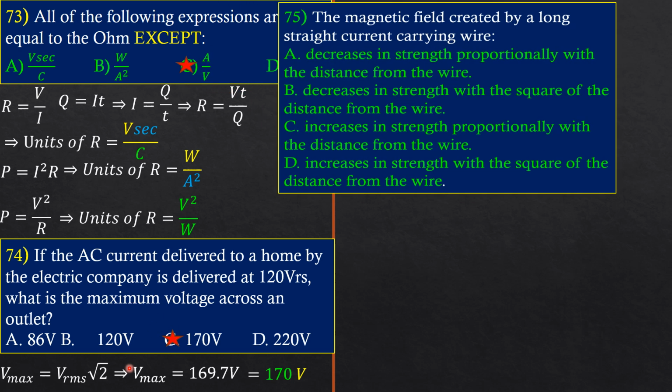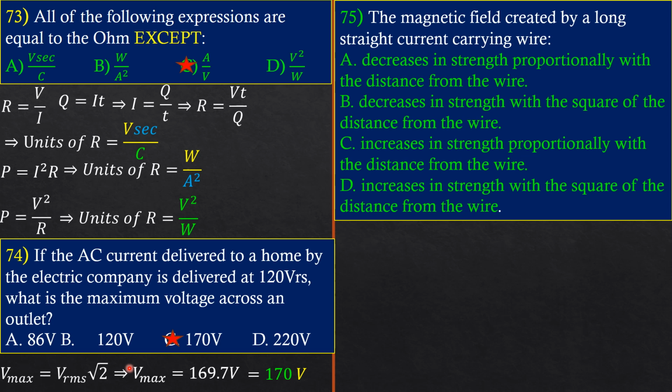Question 75, friends, reads that the magnetic field created by a long straight current carrying wire decreases in strength proportional to the distance. Okay guys, let's analyze them keenly. Let's recall that the magnetic field strength created by a long straight current carrying wire is related to the permeability of free space, the current that flows through it, and its separation r by the formula B equals mu 0 I over 2 pi r.